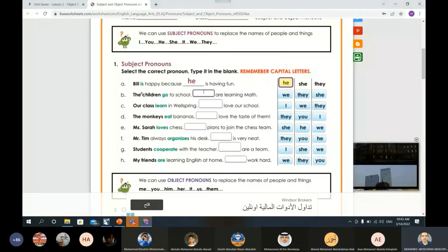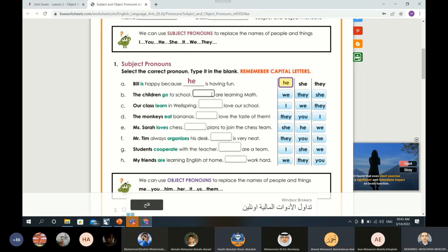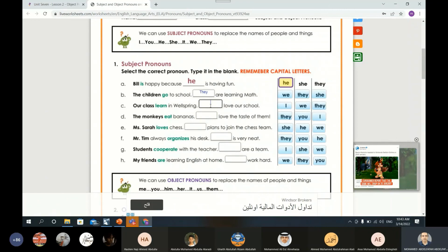Let's start with A. It's an example. Bill is happy because he is having fun. B. The children who go to school are learning math. They or she? They are learning math because of the children. Bravo. What about C? Our class learns in Wellspring, we love our school.